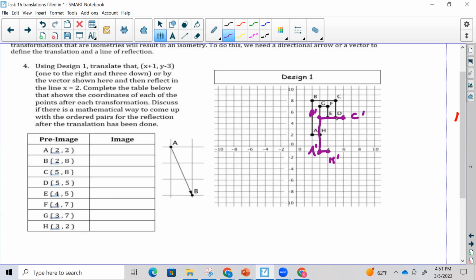So for D, right 1 and then down 3 to get D prime. E, right 1 and then down 3 to get E prime. F, right 1 and then down 1, 2, 3. G, right 1 and then down 3.